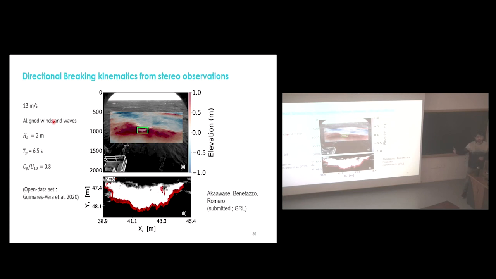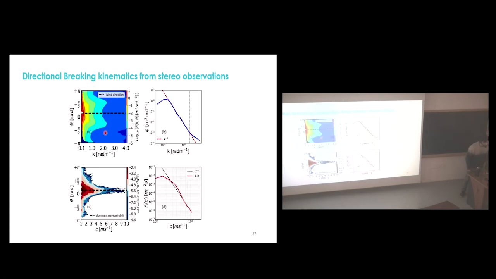So he took existing data by Fabrice from the Aqua Alta platform and did some kinematic analysis from this stereo imagery. Here you have the directional spectrum computed from the WASS system. This is integrated in azimuth. And these are the lambda distributions that he's obtaining from this kinematic analysis of the video data.